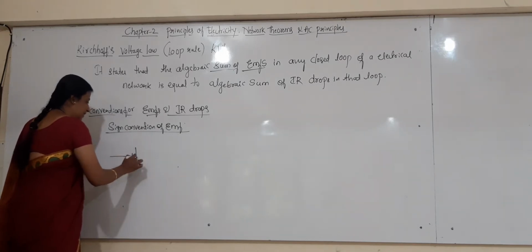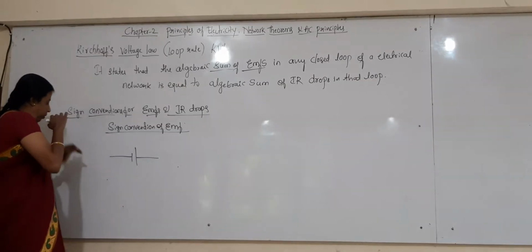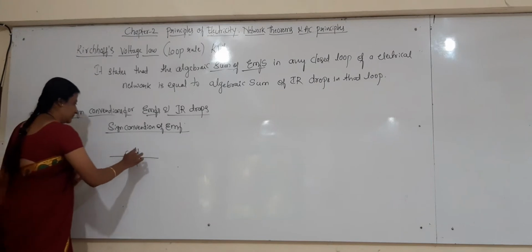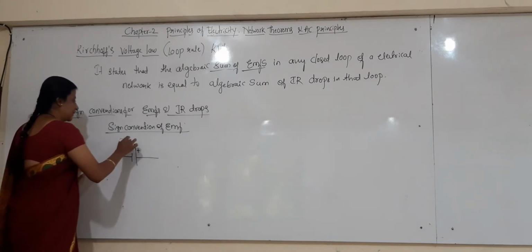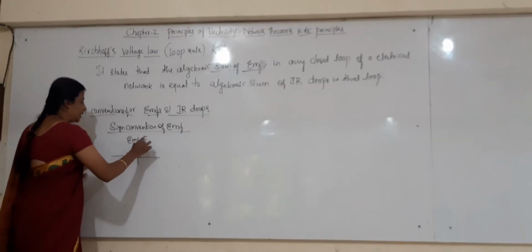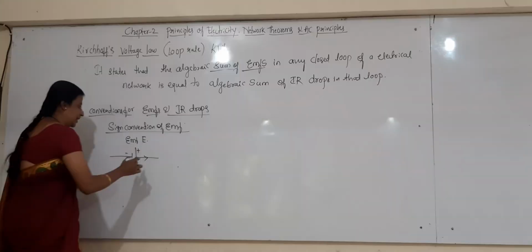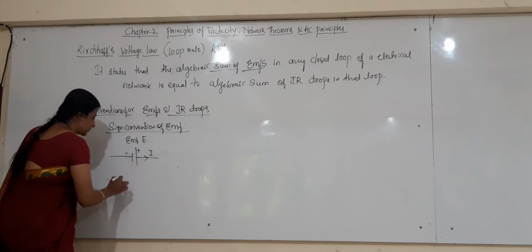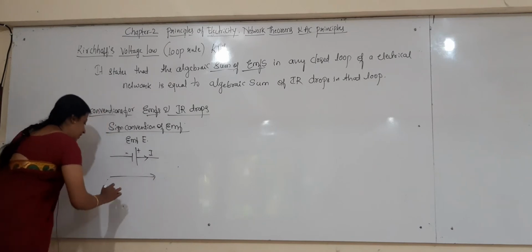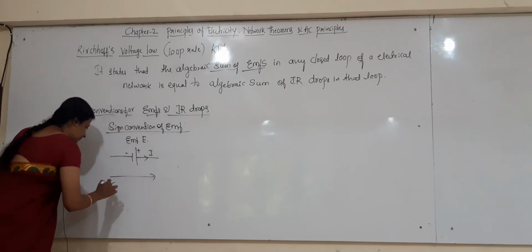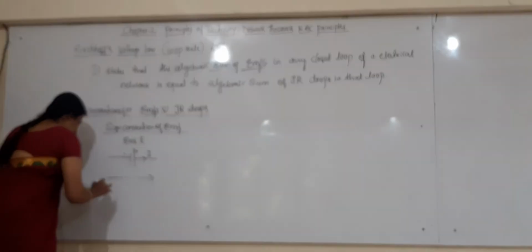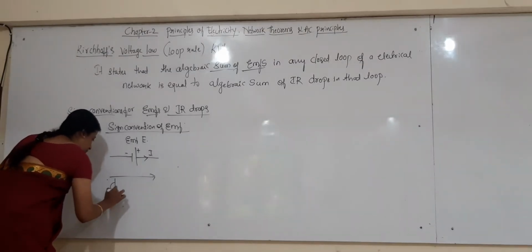It is represented like this, with EMF of E. Current I flows in this direction, the conventional direction, the direction of loop current.